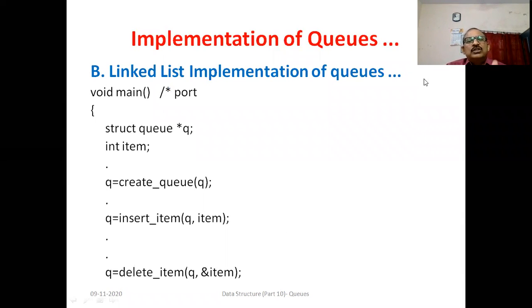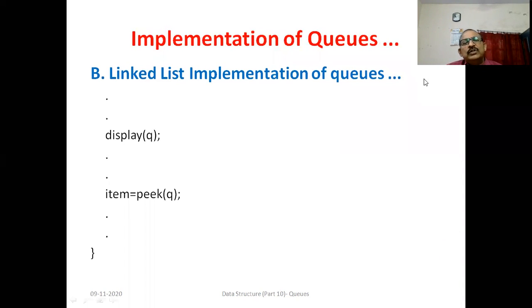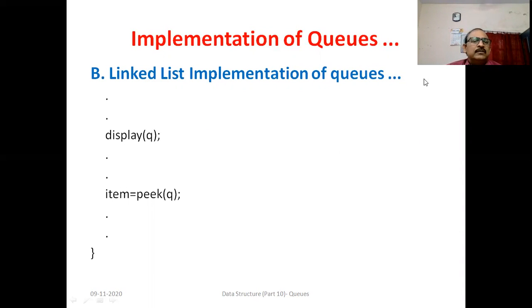This is some portion of the main function. Depending on your requirement, you write the code here. Here I am simply writing the main function, create queue function, insert item function, and delete item function. Next is display queue, and next is peek queue.